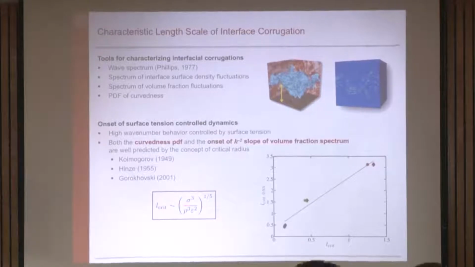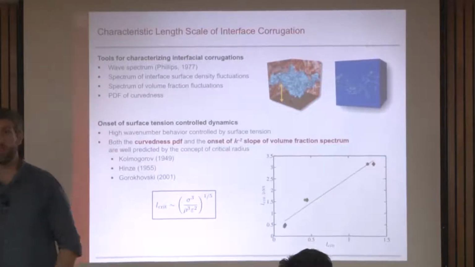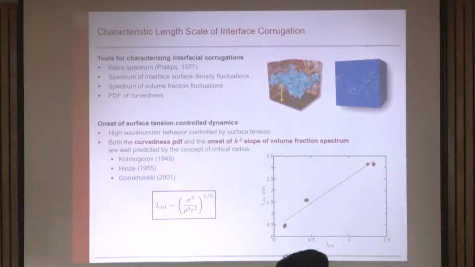And I should say, what is that length scale? So this, sigma here, is the surface tension coefficient, this is density, and this is the energy dissipation rate. That thing here will tell you, any scale larger than this, the turbulence will be able to deform your interface. Any scale below this, the turbulence will be seeing this interface as a wall, and it will not be able to interact with it.